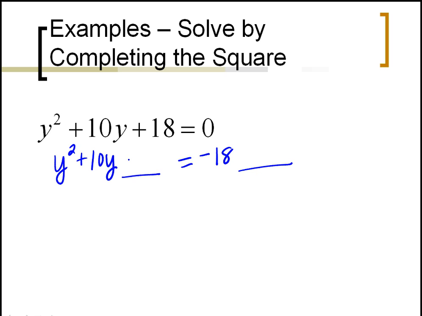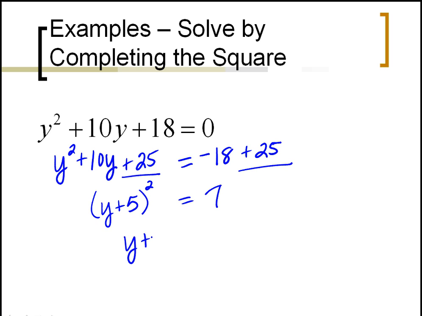So y squared plus 10y, to make it a perfect square trinomial, we take half of 10. Half of 10 is 5, and square it, so we get 25. And we add that to both sides. So y squared plus 10y plus 25 is going to be y plus 5 times y plus 5, or we can write that as y plus 5 squared is equal to 7.